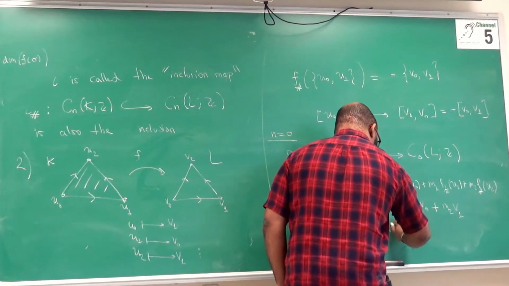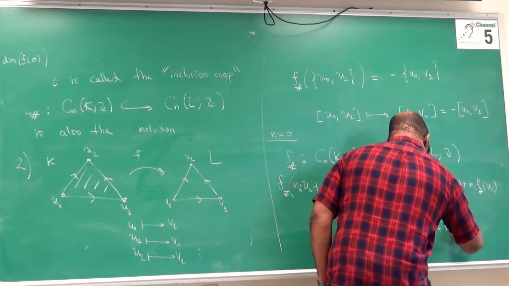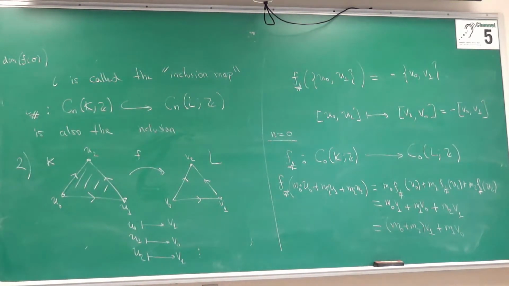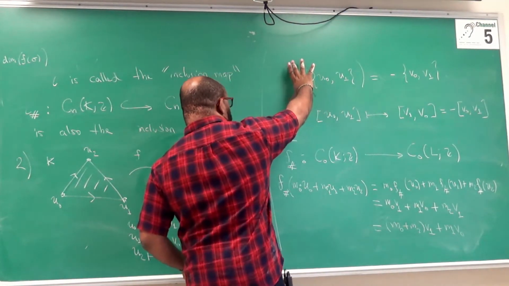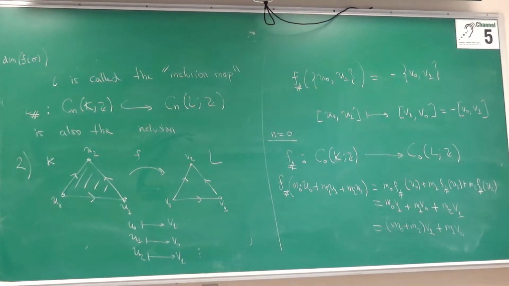So this is equal to M0 plus M2 V1 plus M1 V0. Okay, so that's what the sharp looks like in dimension 0 at least. Okay, now let's use this computation to do dimension 1. Are there any questions?